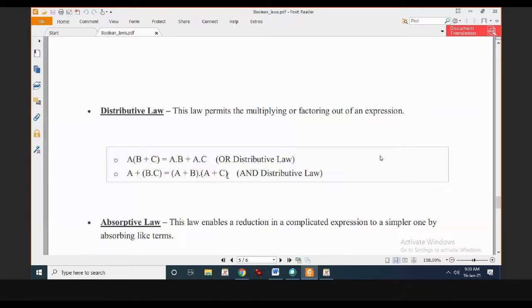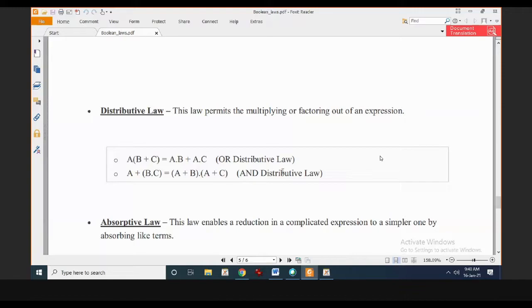So these laws can also be very easily proved by again taking the truth table's help. Take the left hand side, try to get the truth table, take the right hand side, try to get the truth table, and then you can verify this.